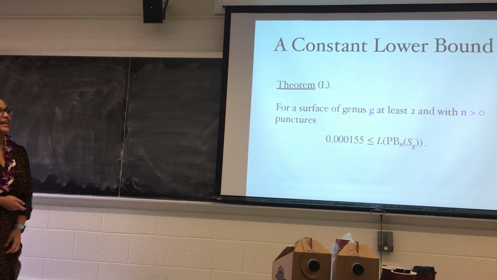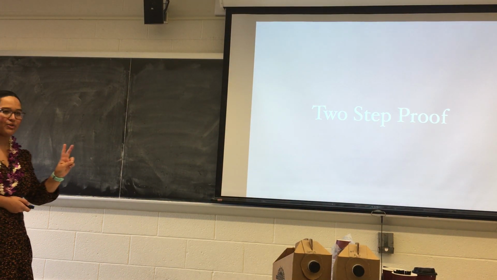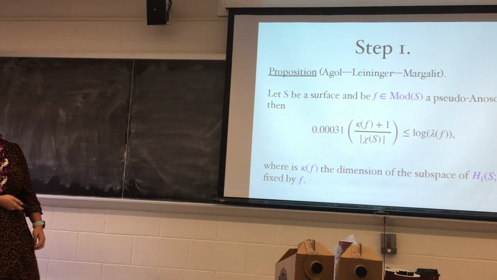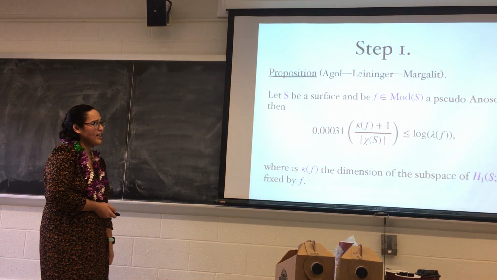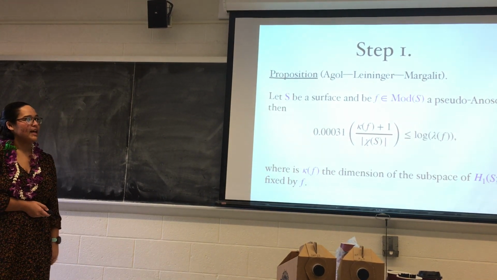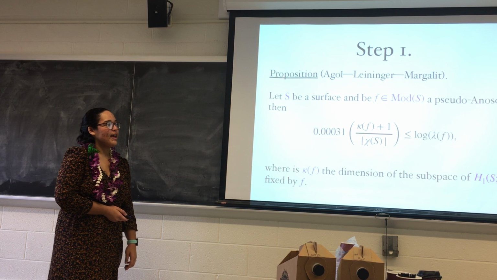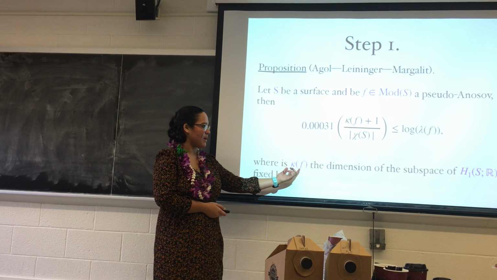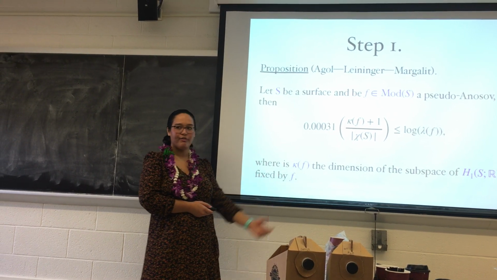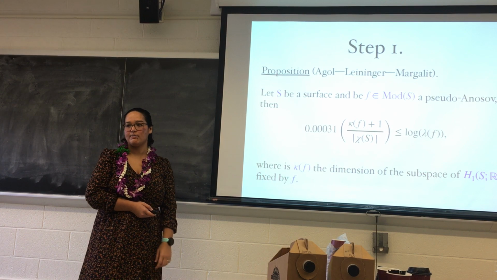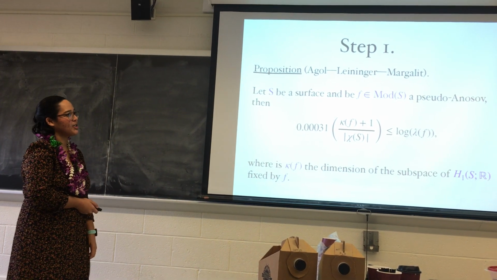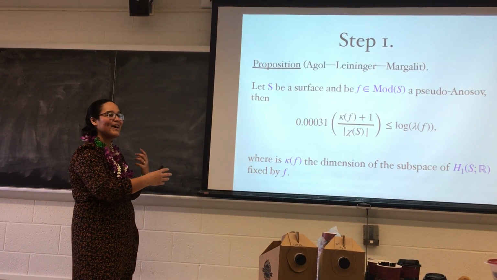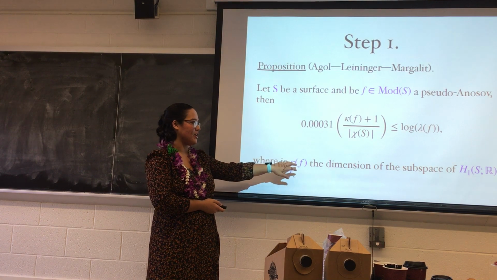The way that I do this is by applying just two results. The first result that I need is a result of Ian Algom-Kfir, Chris Leininger, and Dan Margalit. They showed that if you have a surface S and a pseudo-Anosov F, then the least dilatation is bounded below by this thing, where kappa of F is the dimension of the subspace of the first real homology of S which is fixed by F. So in order to show that I have that very tiny lower bound, I just have to show that we have a large enough fixed subspace.